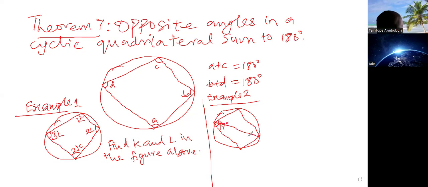The whole of that angle there is 97. This angle here is X. This angle here is Y. And this angle here is Z. And this is the center of the circle.